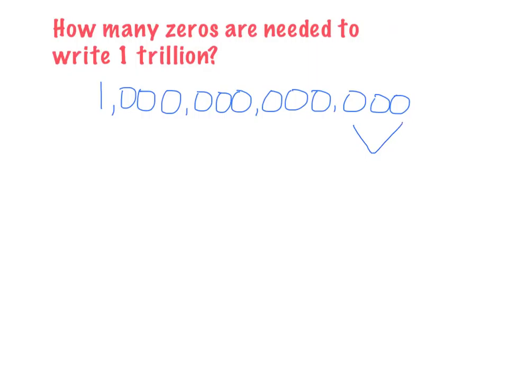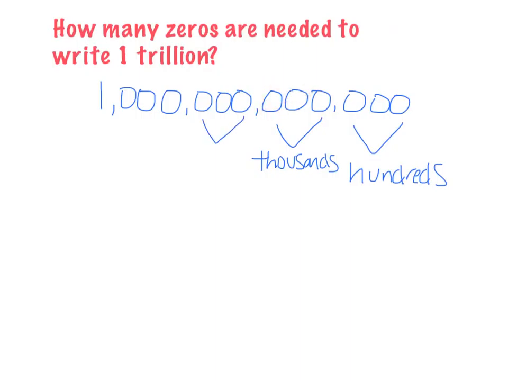So this one is the hundreds. And it's marked by the ones, tens, hundreds. This one here is the thousands. And it's marked by the thousands, the 10,000s, and the 100,000s.